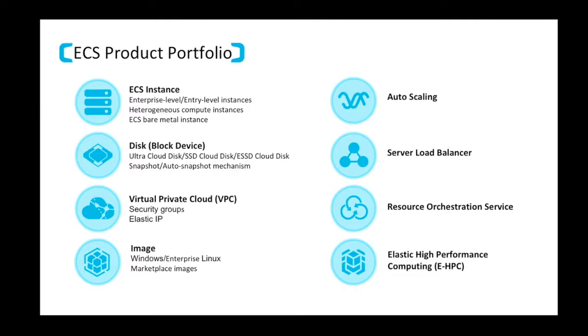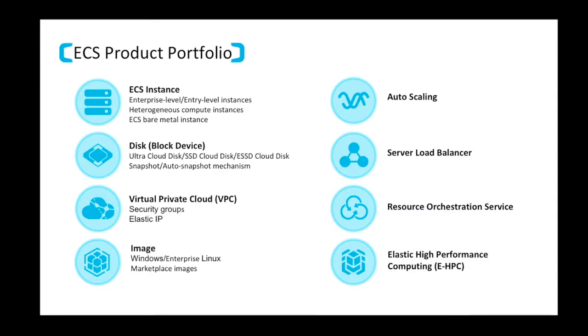Server Load Balancer is a ready-to-use service that seamlessly integrates with ECS to manage varying traffic levels without manual intervention. It monitors the health of each server and ensures high availability by automatically distributing application requests to servers with optimal performance in different availability zones.